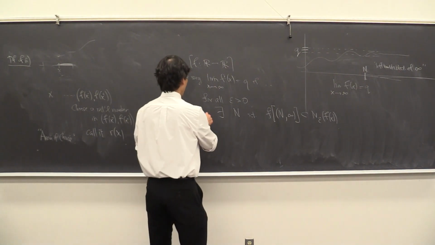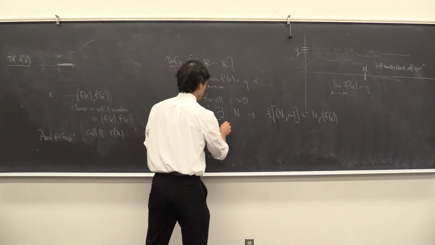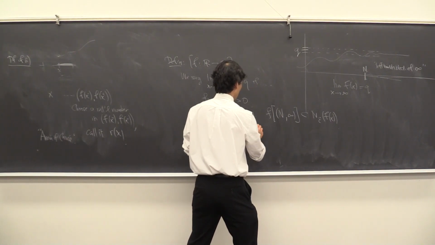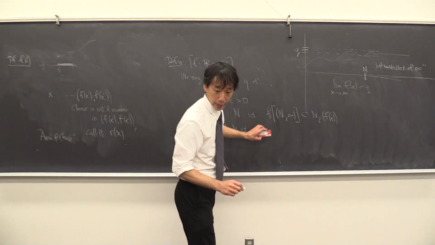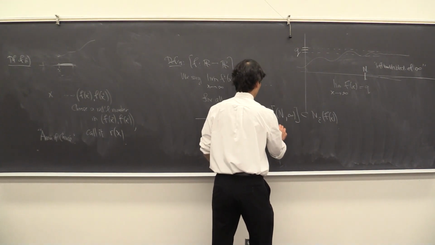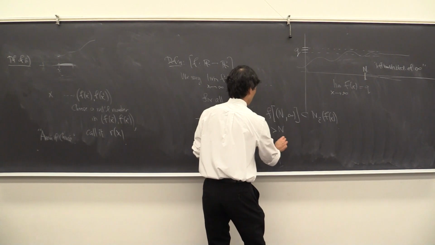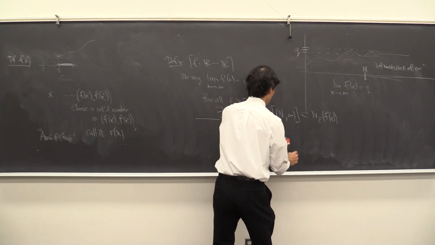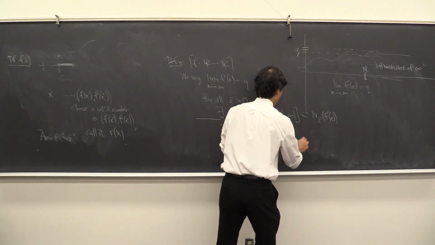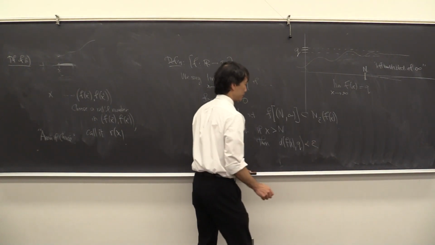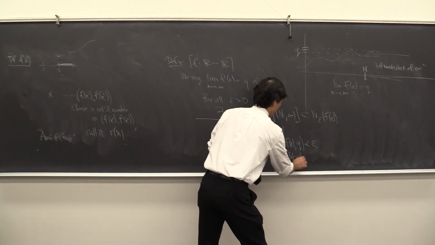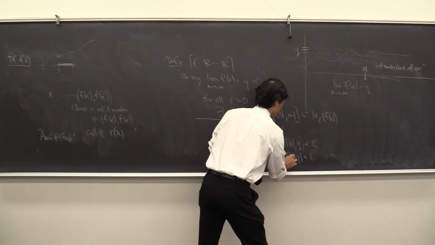Another way of saying it is that there exists an n such that if x is bigger than n, then the distance of f of x from q is smaller than epsilon. That is, the absolute value of f of x minus q is smaller than epsilon.